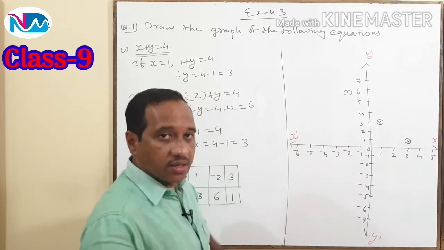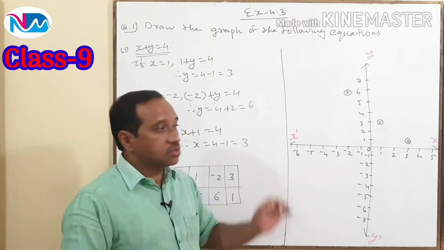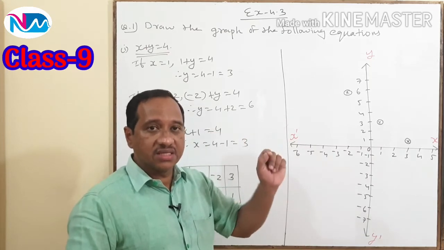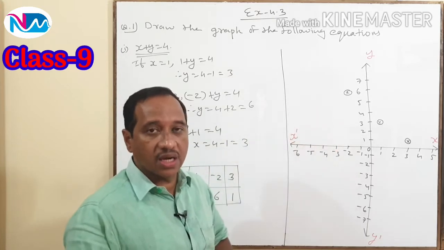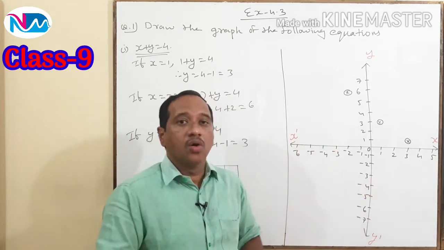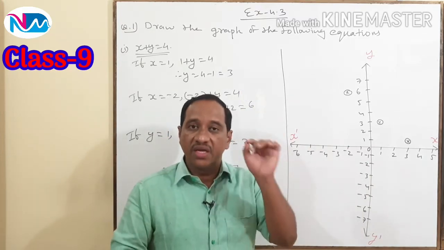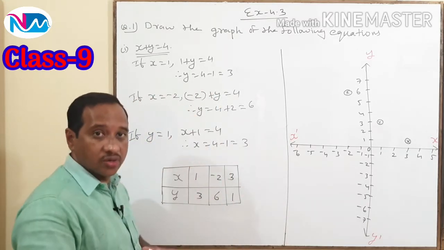Now if I join all the 3 points using a scale, and we are able to join them, it means that this is a straight line. That means all the 3 points are in a straight line. If you are not able to join these 3 points using a straight line, it means that you made some mistakes in these calculations.